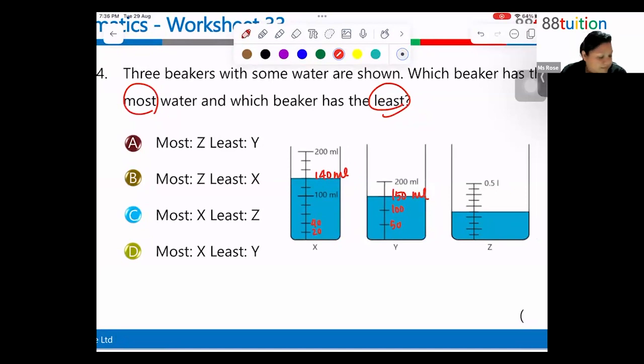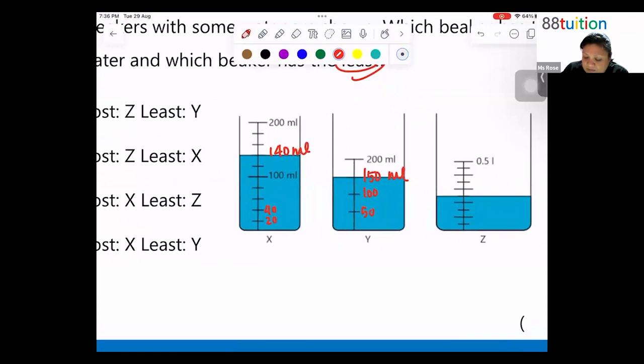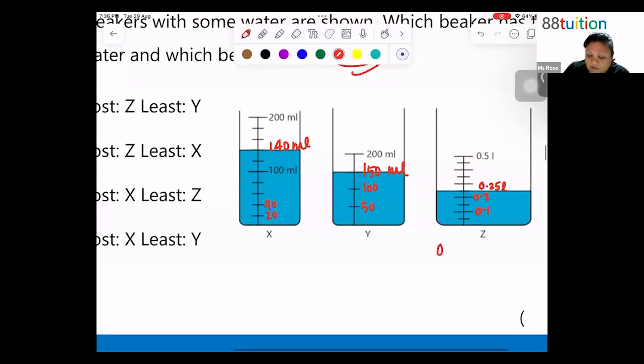Anyone? Every division is how much? This is 0.1, 0.2. So that means 0.25 liters. So 0.25 liters is equal to 250 ml.